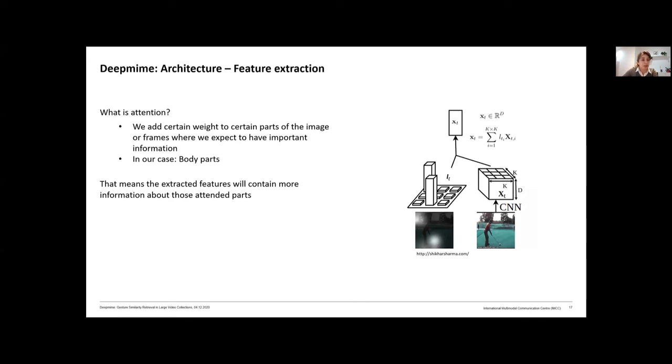In our use case, we give the attention to the body parts, specifically to the torso, the hands, and the arms. And this attention helps the features to contain more information about these parts rather than the other parts of the body.